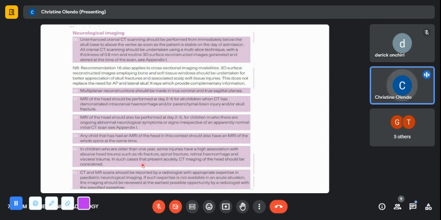In children older than 1, some injuries have a higher association with abuse and head trauma, such as rib fracture, spinal fracture, and retinal hemorrhage. In such cases that present acutely, a CT image should be considered. CT and MR scans should be reported by a pediatric neuroradiologist, again within 24 hours.